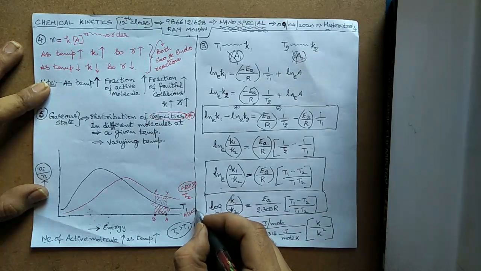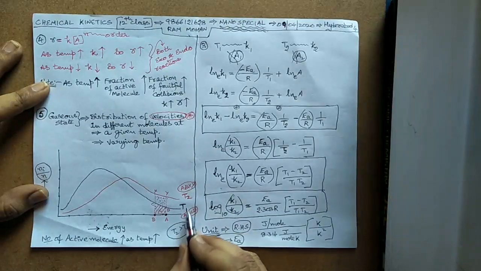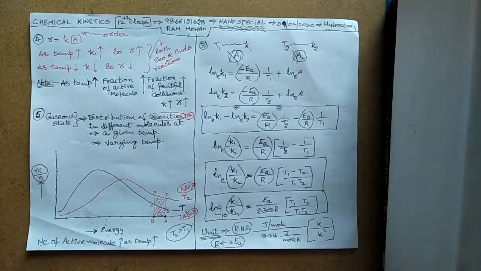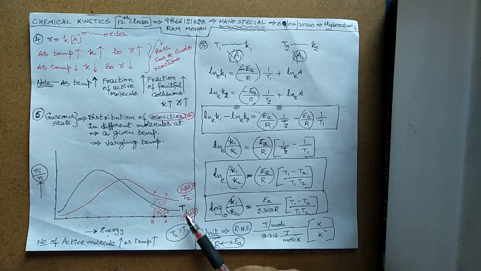ABCD is the area with T1. So what happened to the number of molecules from ABCD to ABXY? The total number of active molecules went on increasing. So with a rise in temperature, the active molecular number increases.